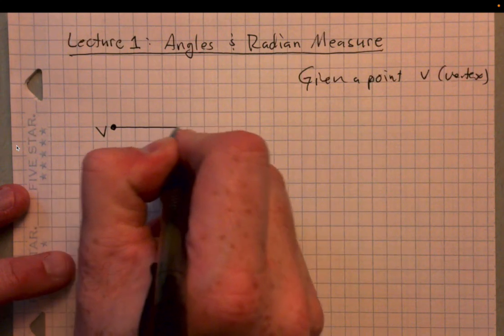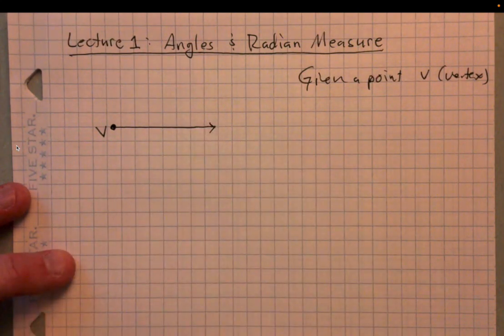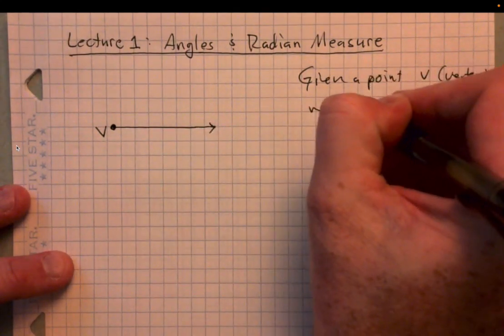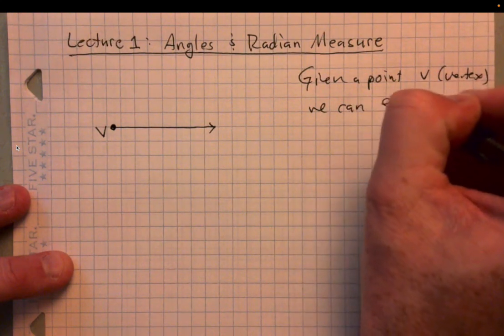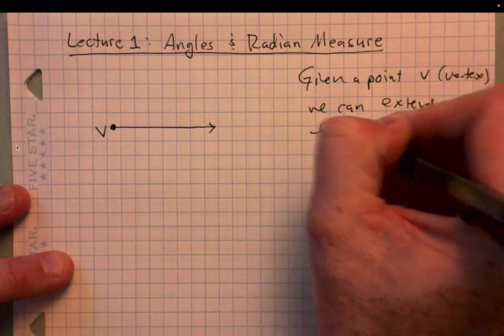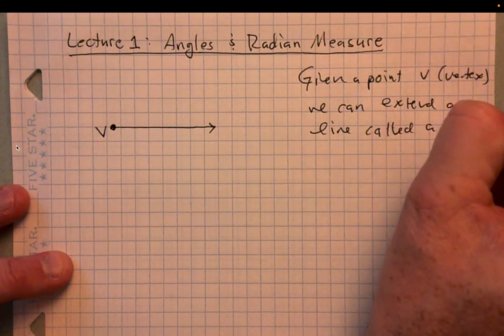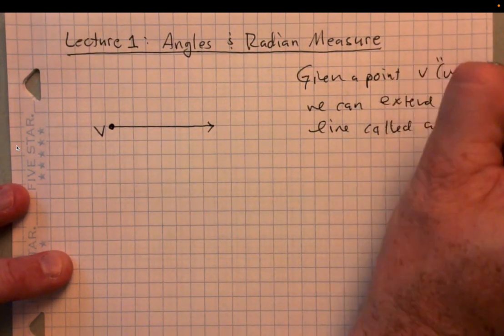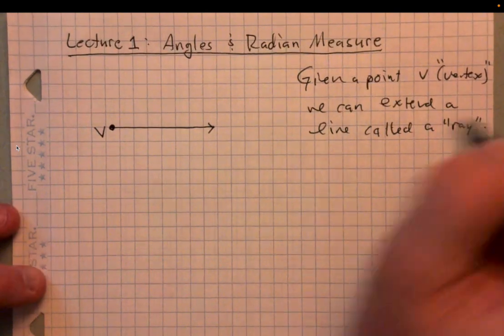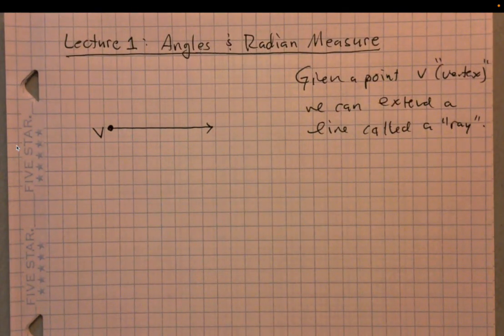So I can draw a line off of this point V. I'm tossing in some vocabulary here and there. So given a point V, which is also known as the vertex, we can extend a line called a ray.